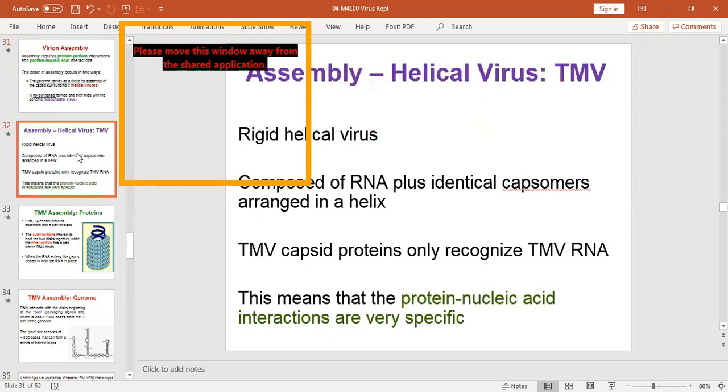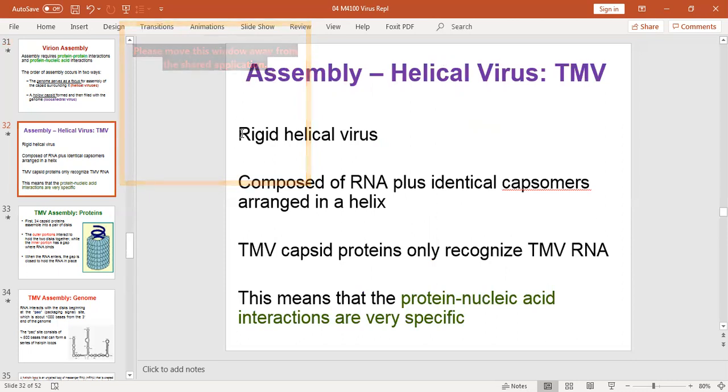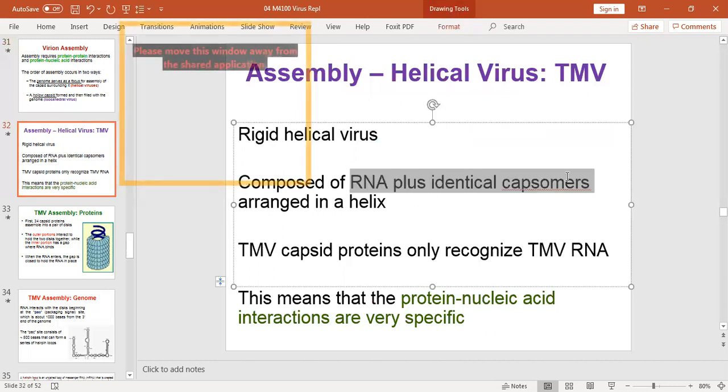So let's see assembly of a helical virus such as TMV, tobacco mosaic virus. It results in the formation of a rigid helical virus, which is made up of RNA plus identical capsomeres, or those components of the capsid that are arranged in a helix.